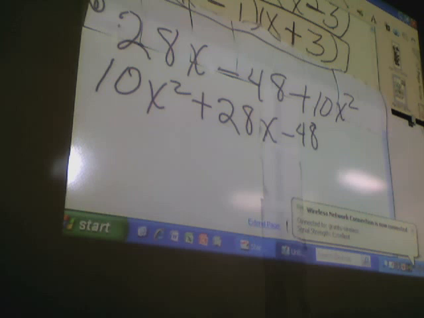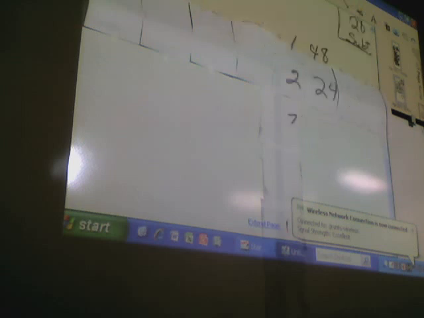I'm going to go down a little farther. We need to find one that will subtract to give us a 28. Okay, so we're going to be subtracting to get a 28. Let's start finding all the ways to do 48. We're going to have 1 times 48, or 2 times 24, 3 times 16, 4 times 12.